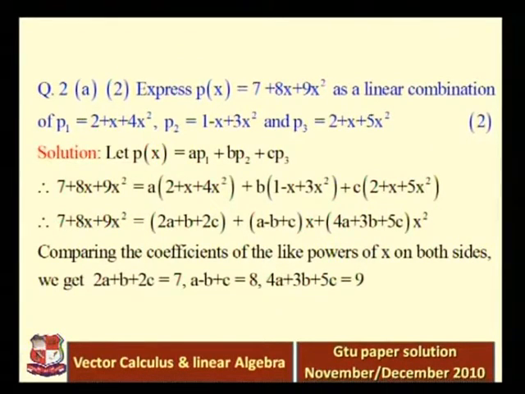Now on the right hand side the coefficient of x is a minus b plus c, so a minus b plus c is equal to 8. On the left hand side the coefficient of x square is 9 and on the right hand side that is 4a plus 3b plus 5c. So 4a plus 3b plus 5c is equal to 9, right? So now we get these three equations: 2a plus b plus 2c is equal to 7, a minus b plus c is equal to 8 and 4a plus 3b plus 5c is equal to 9.